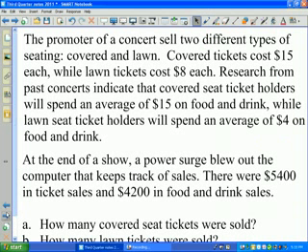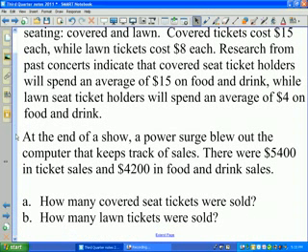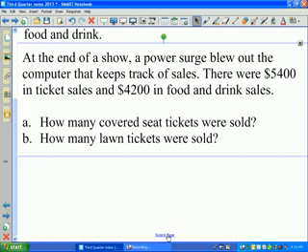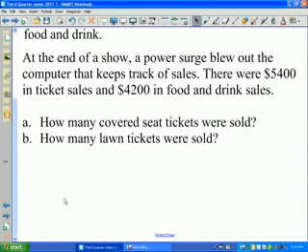At the end of the show, a power surge blew out the computer that kept track of sales. There was $5,400 in ticket sales and $4,200 in food and drink sales. So what we're looking for: how many covered seat tickets were sold and how many lawn tickets were sold.